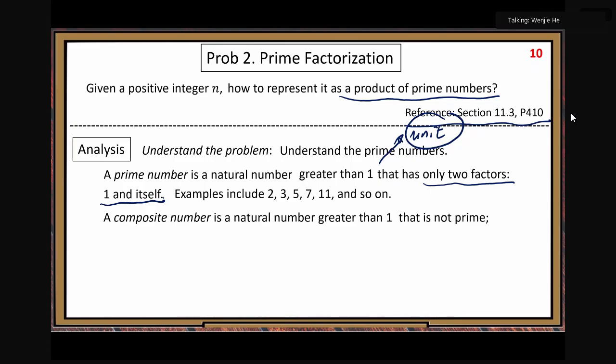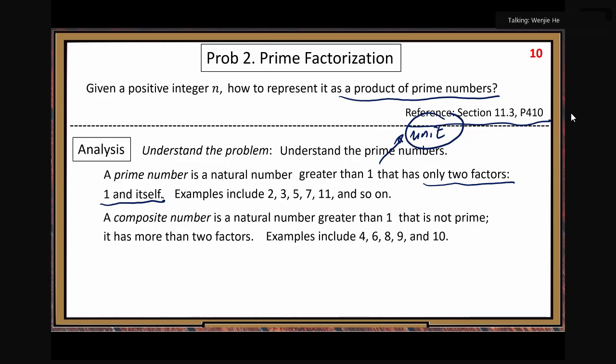So each composite number should have more than 2 factors. Example: 4, 6, 8, 9, and so on.